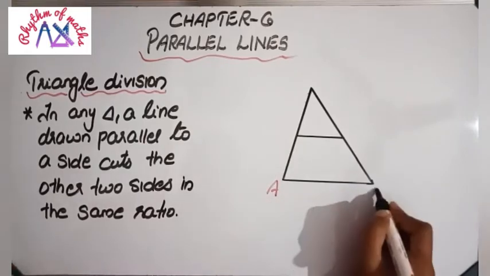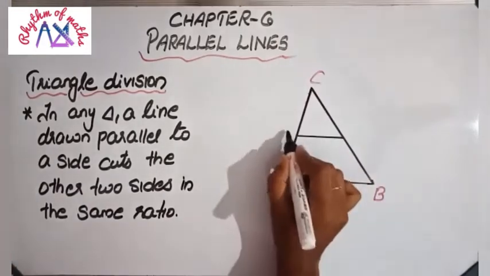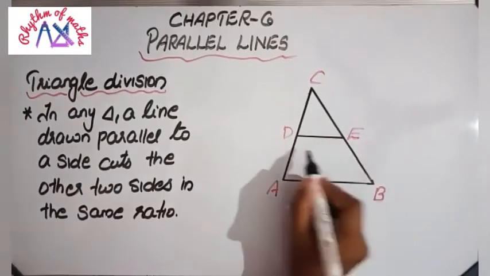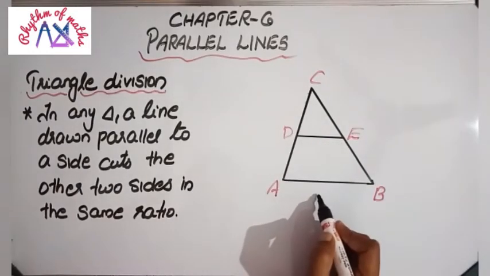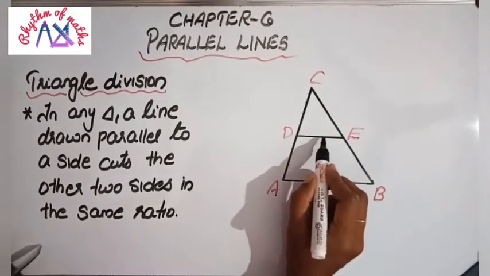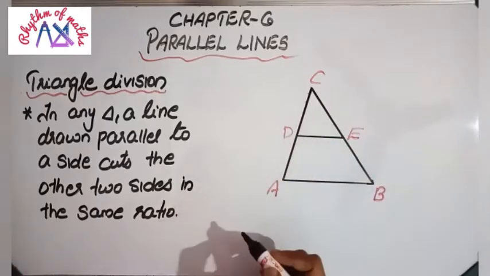Let's mark the points as A, B, C, then DE. So this is the line parallel to one side of the triangle, and that parallel line will cut the other two sides in the same ratio.